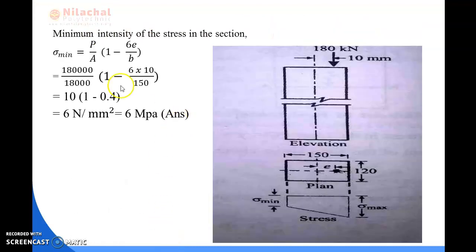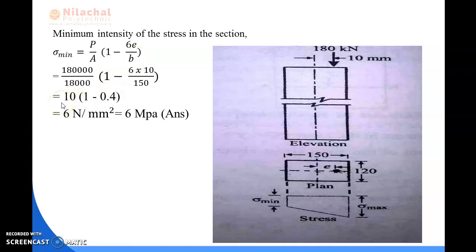Similarly, to calculate the minimum intensity of stress in the section, we use the formula sigma minimum is equal to P by A into 1 minus 6e divided by B, where P is equal to 18 into 10 to the power 4, divided by the area, which is 18 into 10 to the power 3, multiplied by 1 minus 6 into 10, the value of eccentricity, divided by 150, the width of the section.